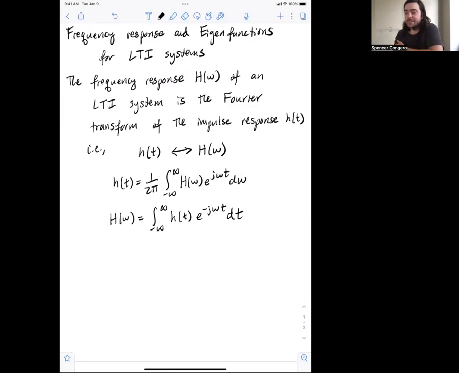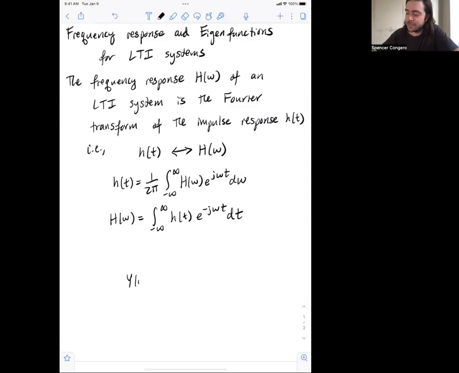It turns out, as we'll see in the next video, there are two main methods for getting the output from an LTI system. You can either stay in the time domain, use the impulse response and convolve it with your input to get your output function in time, or you can go into the frequency domain and use the frequency response and the Fourier transform of your input to get the Fourier transform of your output. It's just going to be the product of the Fourier transform of your input and the frequency response.